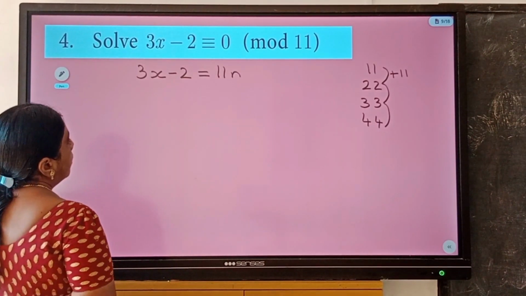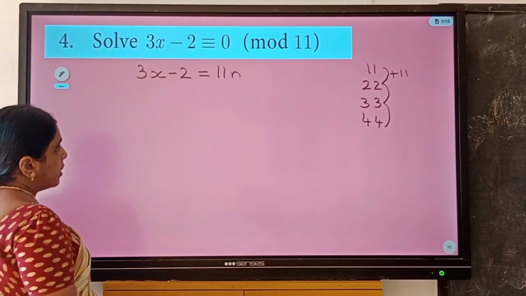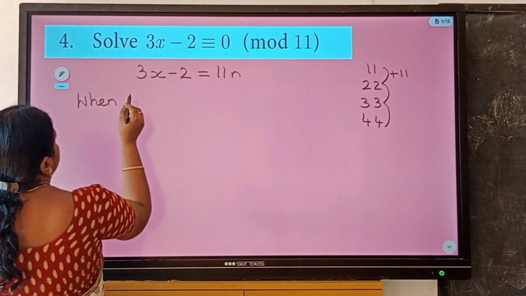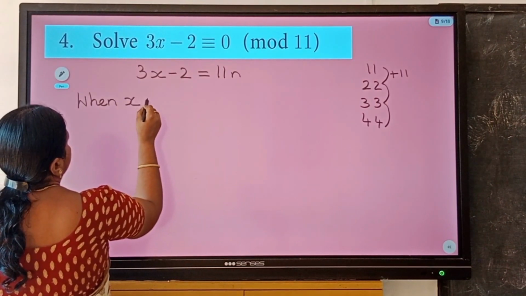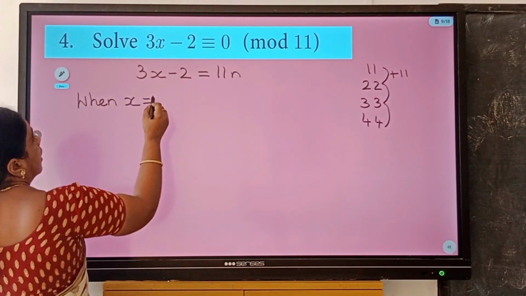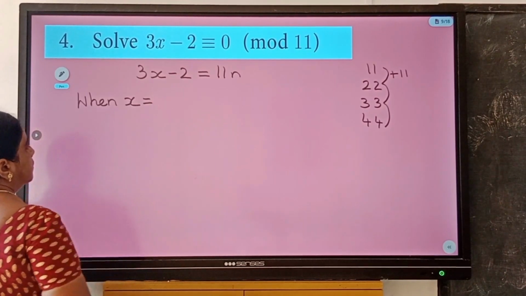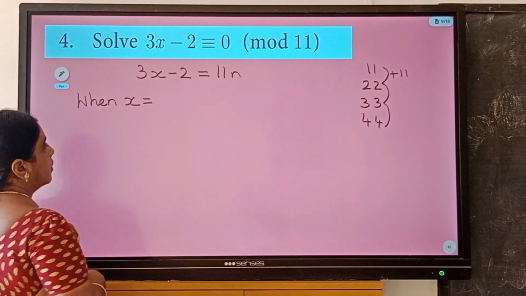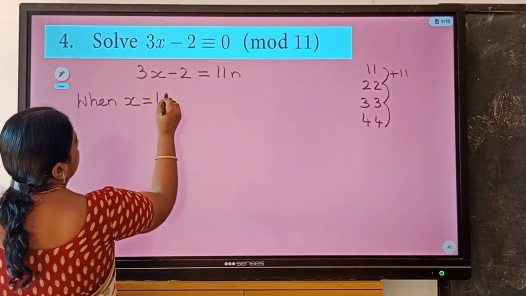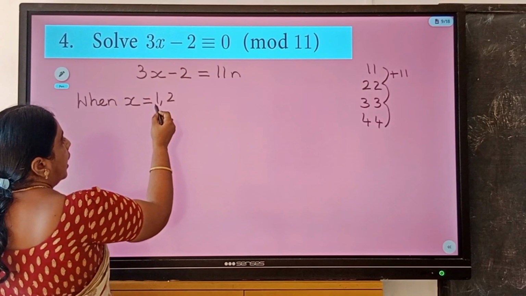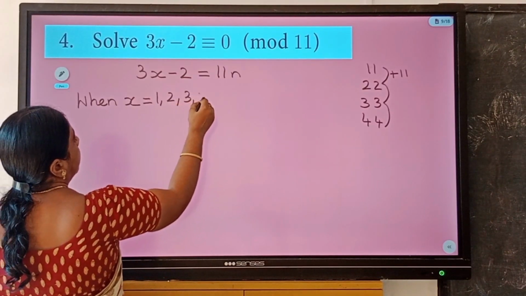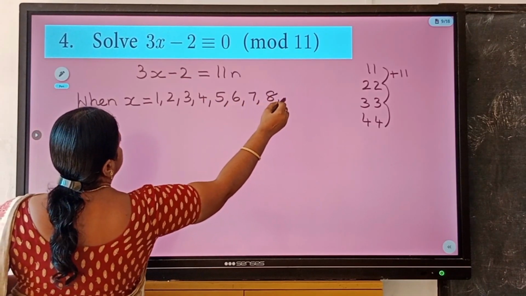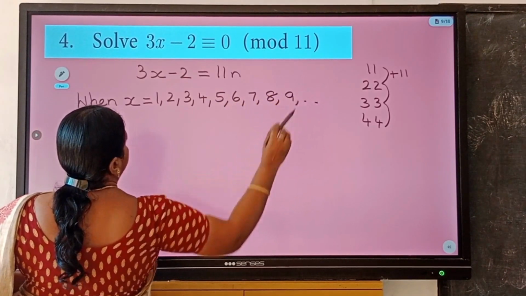So here, for what values of x? I'll take when x is 1, 2, 3, 4, 5, 6, 7, 8, 9 and so on.